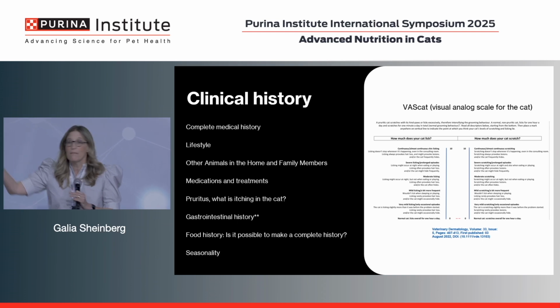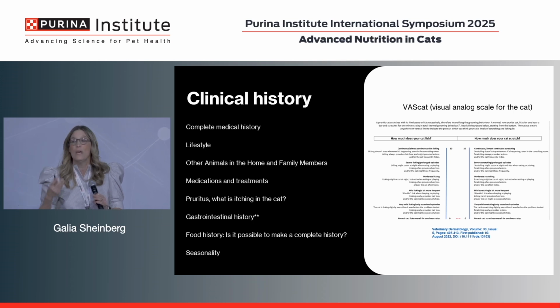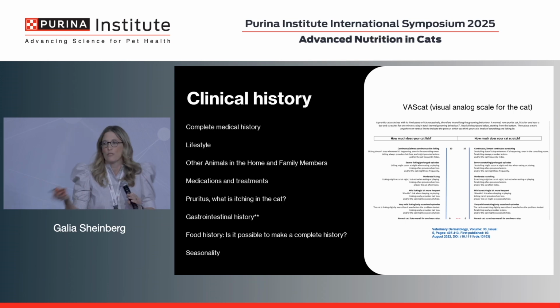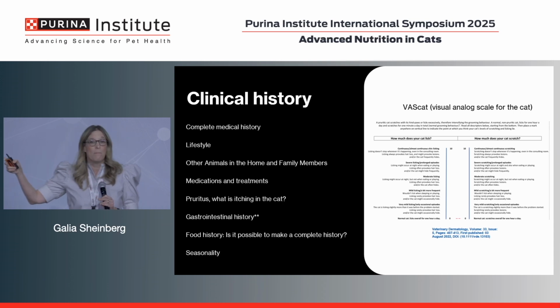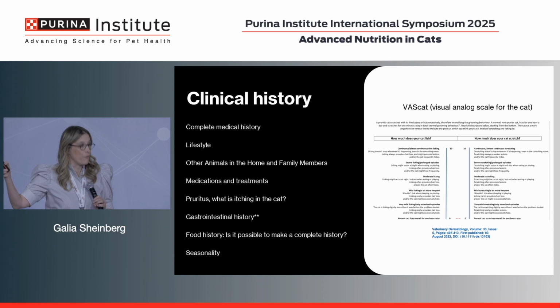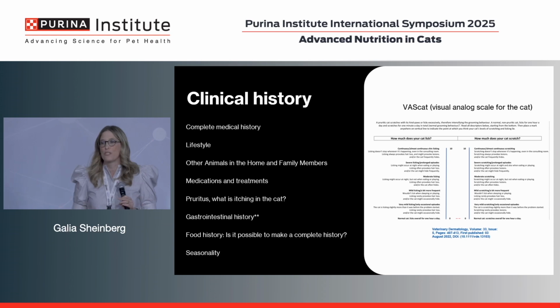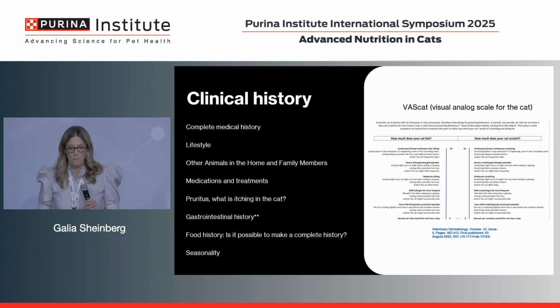This is readily available online, like the first chart that I showed you. If you have any screen in your consult room, which I'm sure you have because you have a computer, you can pull up this itching chart specifically for cats, and this will be very helpful. You can also translate it into whatever language you use.